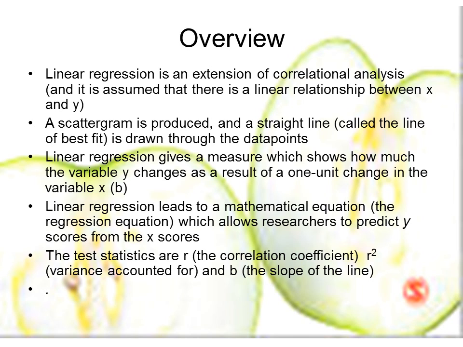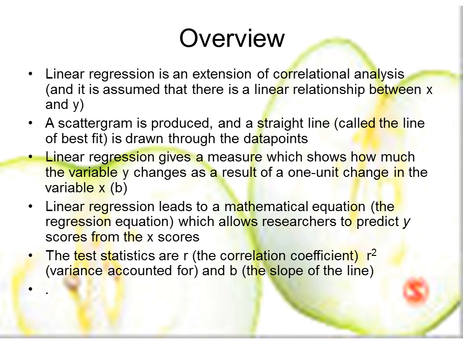Linear regression gives a measure which shows how much the variable y changes as a result of a 1 unit change in the variable x, which is indicated by B. And we kind of discussed that a little bit already with the correlational relationship. Linear regression leads to a mathematical equation, which is called the regression equation. It allows researchers to predict y scores from the x scores.